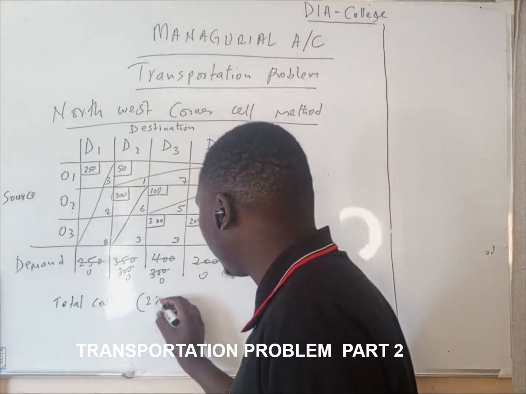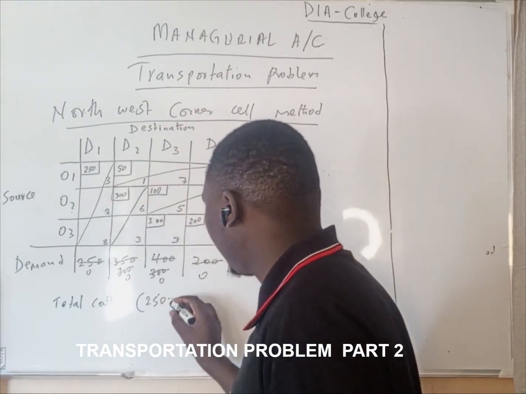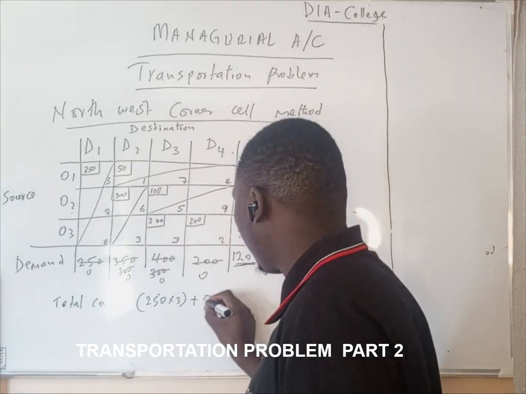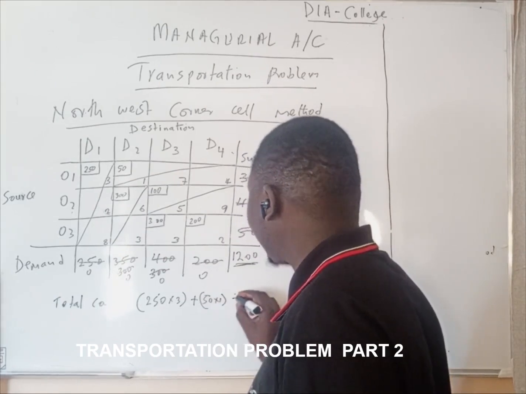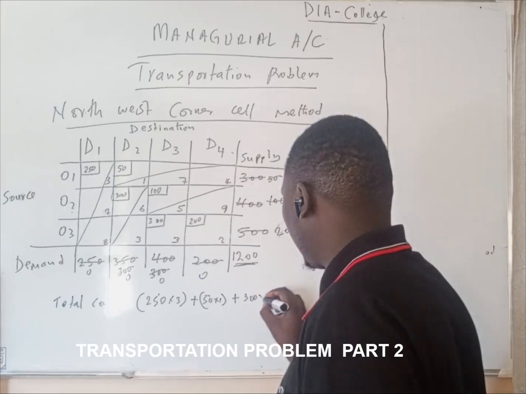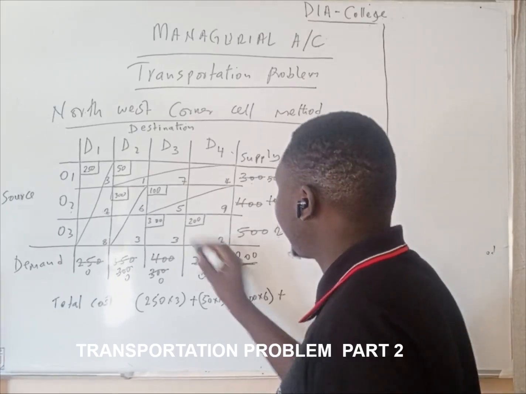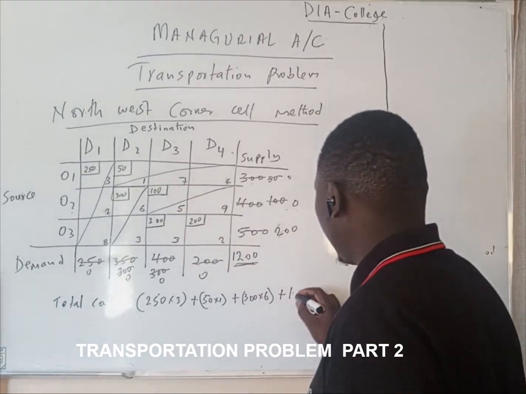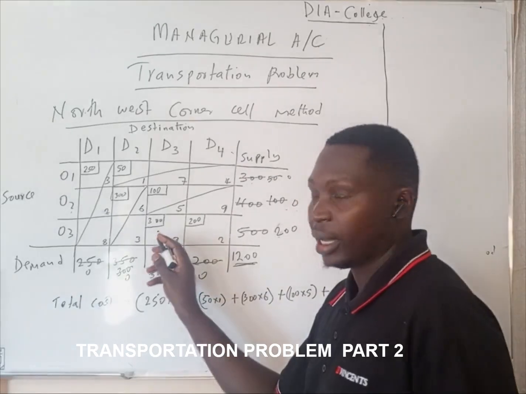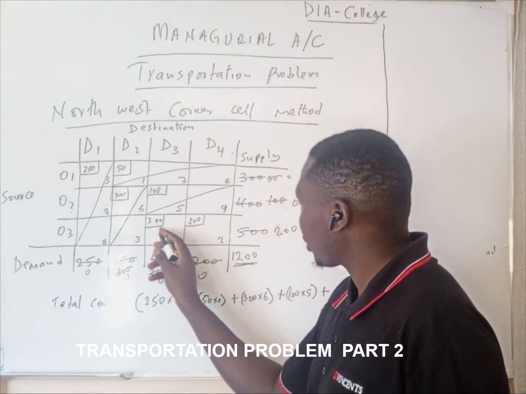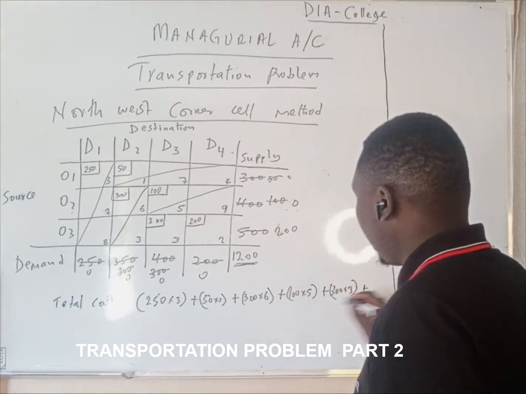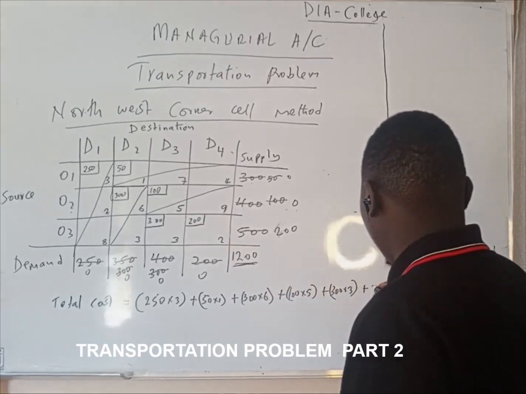So I'll say 250 times the cost of that cell, plus 50 times 1, plus 300 times 6, plus 100 times 5, plus the second 300 times 3, plus the last one, 200 times 2.